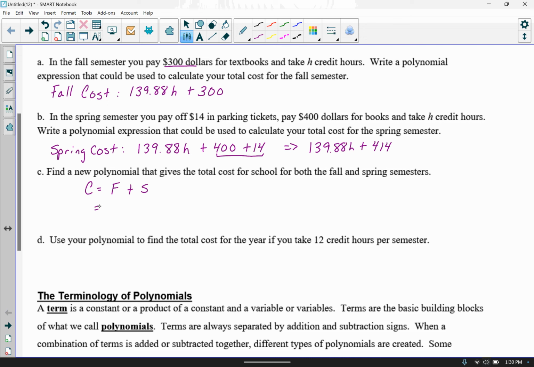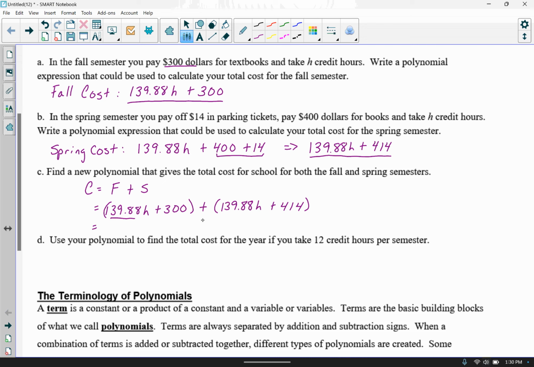All right, so now let's fill in. We know that our fall expression is this, 139.88h plus 300, plus our spring expression, this one, 139.88h plus 414. Now, to get our total cost, we would just combine like terms.